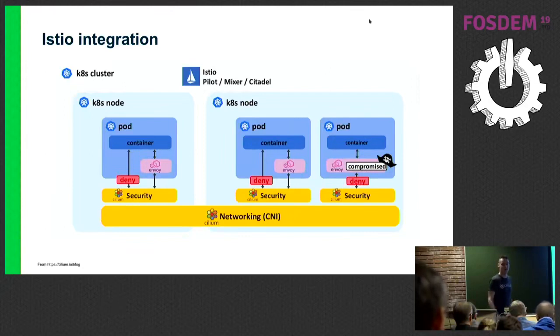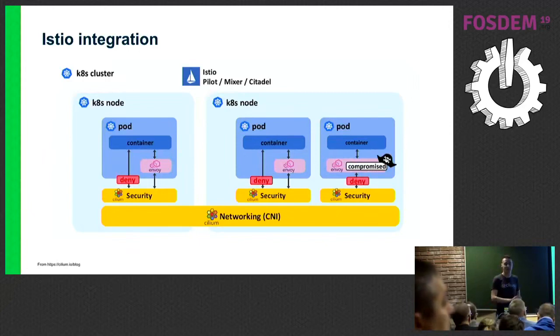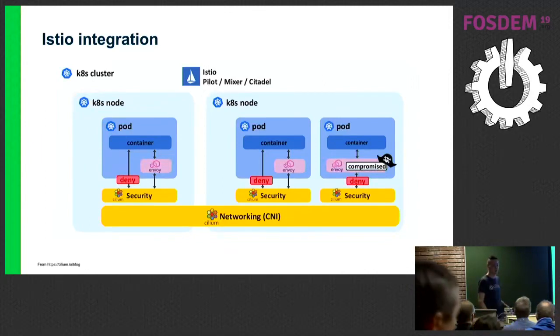And Cilium integrates perfectly with Istio because it provides its own extensions to Envoy. Here on the slide you can notice that Cilium can defend against a compromised Envoy, and I'll explain what I have in mind by that. Envoy and Istio support network policies and filtering, but on IP version 4 and on TCP only.